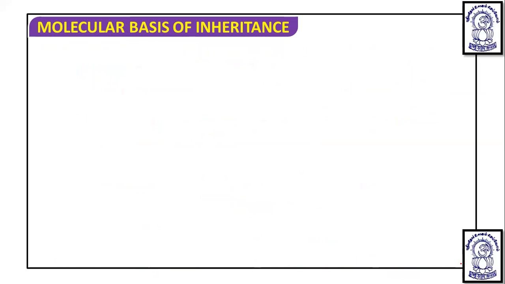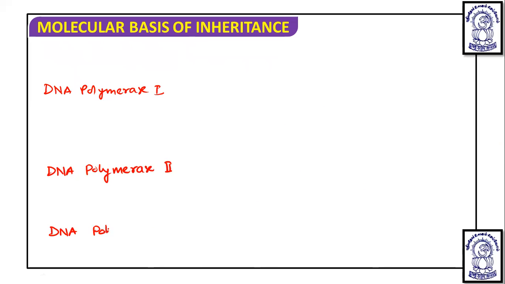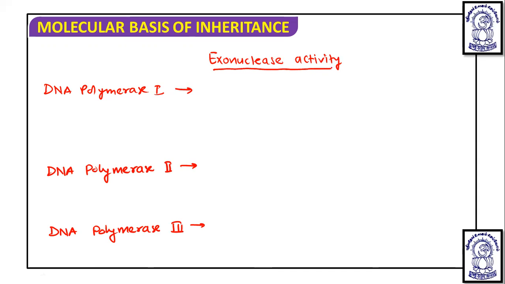So DNA polymerases are of three types, and all have exonuclease activity: DNA polymerase 1, DNA polymerase 2, and DNA polymerase 3. They also have polymerase activity.